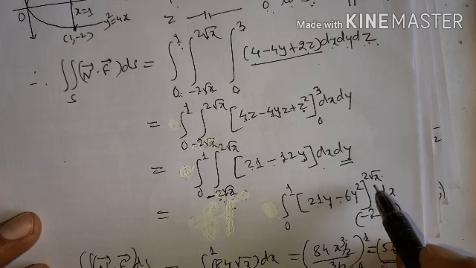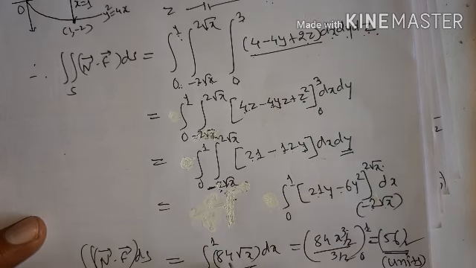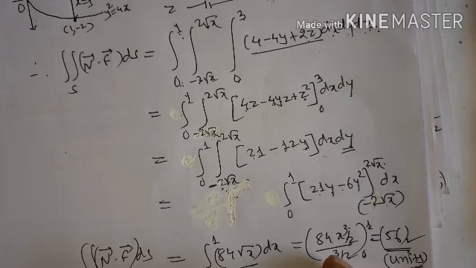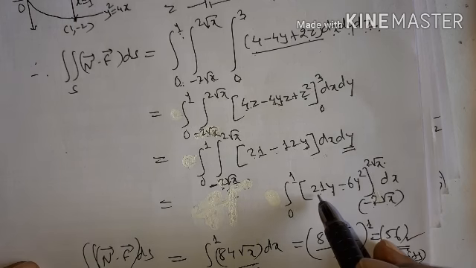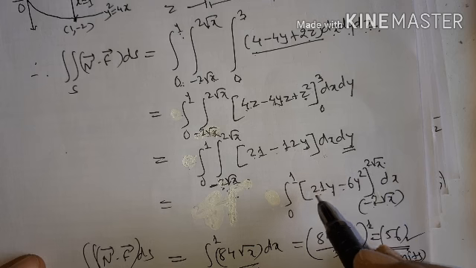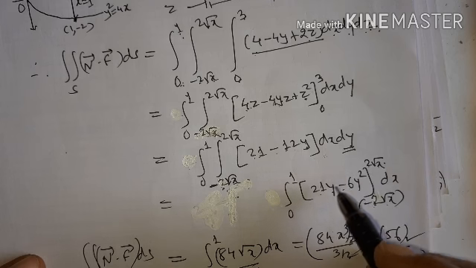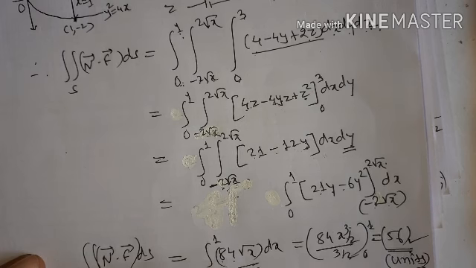If I put these limits, upper limit minus lower limit, I will get 84 root x because 21 into 2 is 42, and 42 into again 2 is 84.